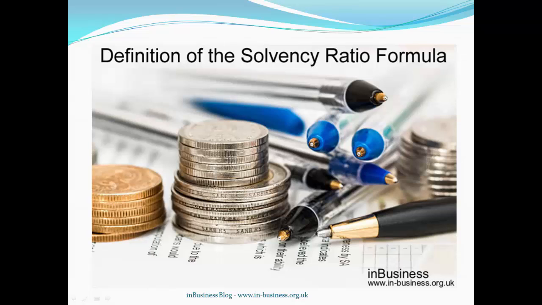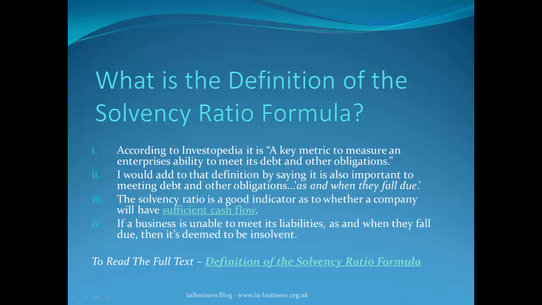So what's the definition of Solvency Ratio Formula? Well, according to Investopedia, it is a key metric to measure an enterprise's ability to meet its debt and other obligations. I would go further and add to that definition by saying it is also important to meet debt and other obligations as and when they fall due.